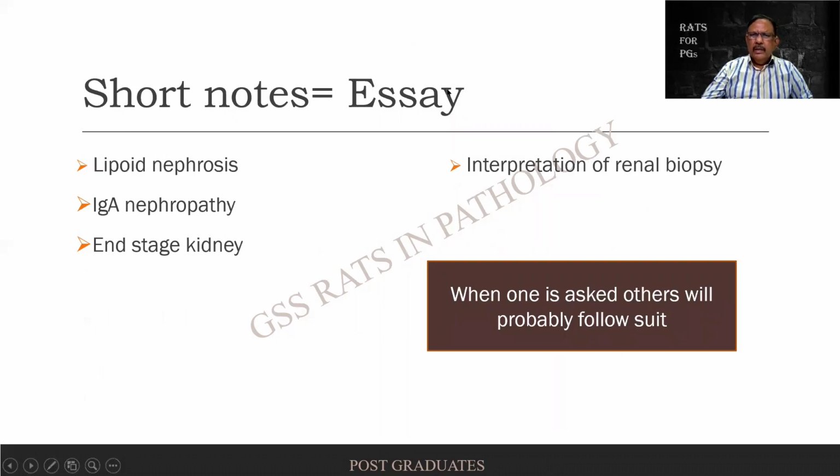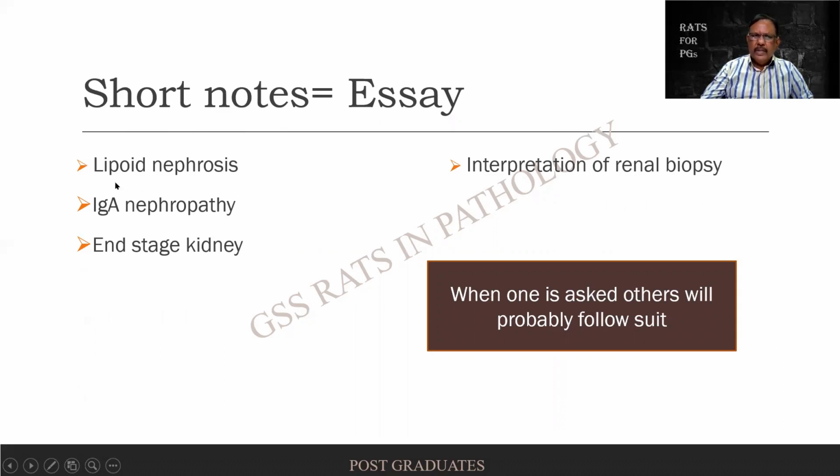Again, a word of caution, short notes can be essays, essays can be short notes. Part of essays can be asked as short notes. These are all questions, lipoid nephrosis, IgA nephropathy, end-stage kidney, etc. All short notes. But then you can also get a question of interpretation of renal biopsy, wherein you will have to add all the factual details of these things also.